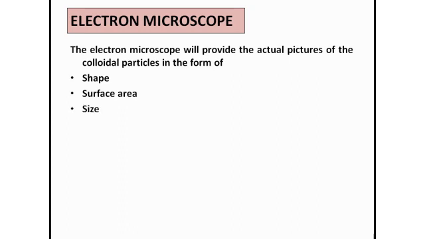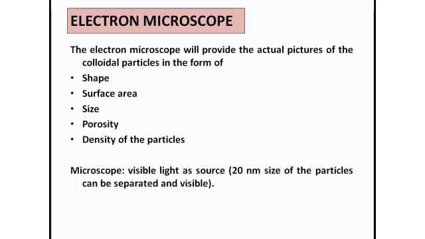Moreover, the size of the colloidal particle can be studied, the porosity of the particle, and lastly, the density of the particle. Particles of 20 nm size can be separated and made visible using an electron microscope.